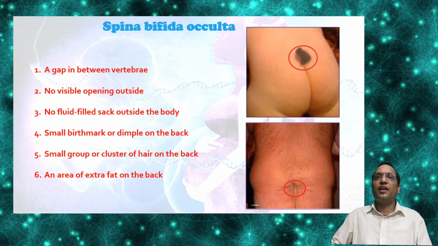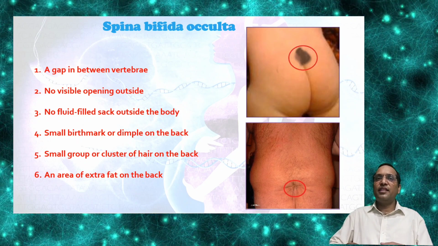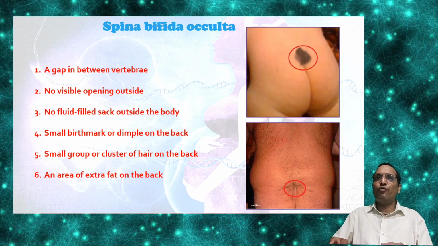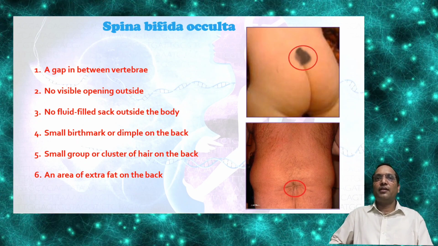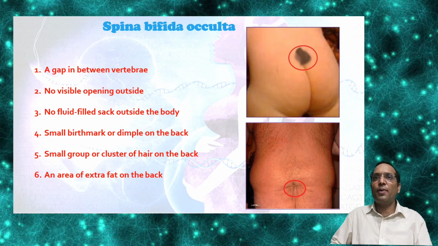And spina bifida occulta is a gap between the vertebrae, and there is no visible opening outside and no fluid sac outside the body. There may be some small birthmark or some dimple at the back.